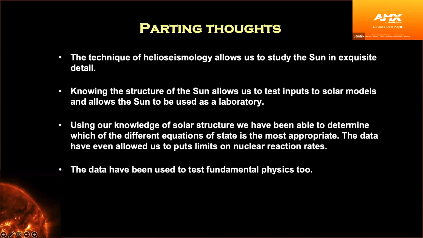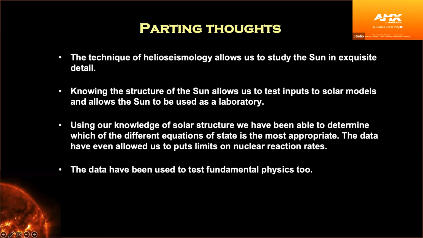One is that the technique of helioseismology allows us to study the sun in exquisite detail. And knowing the structure of the sun and the physics that goes into the models, we can put constraints on the physics, okay? So, for example, as I showed you, we've been able to show which equation of state might be better than the other.